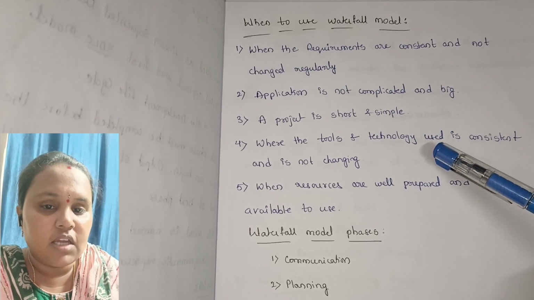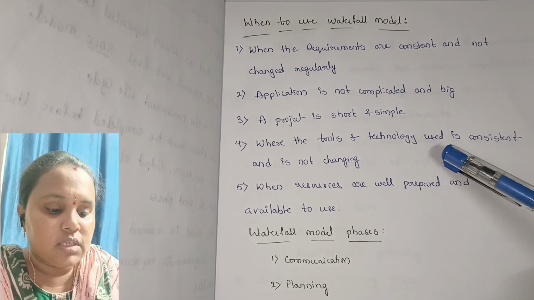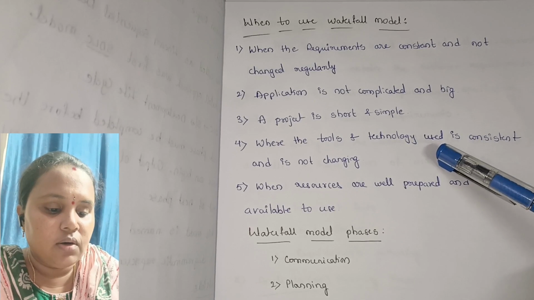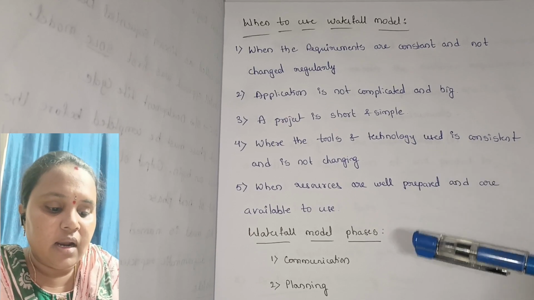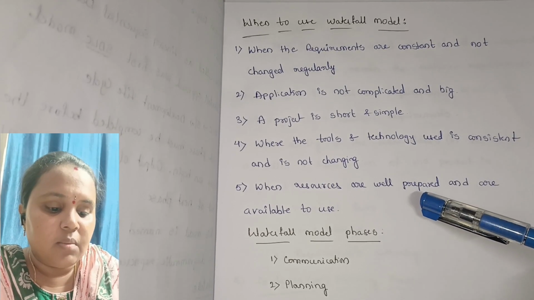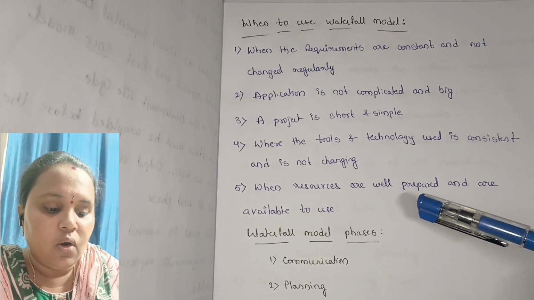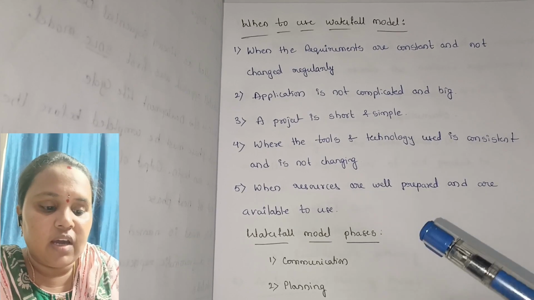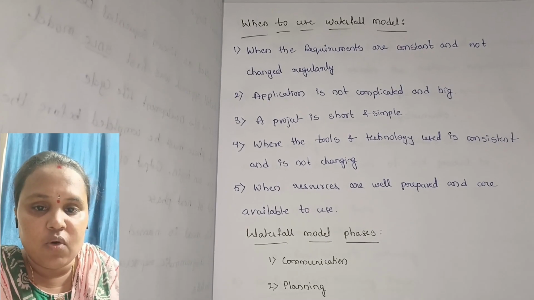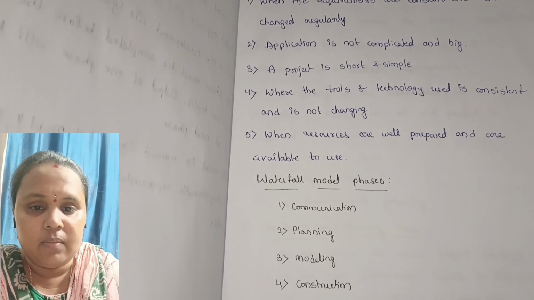Next, where the tools and technologies used will be consistent and not changing. And next, when resources are well prepared and available to use. In these 5 cases, we can use the waterfall model for software development.